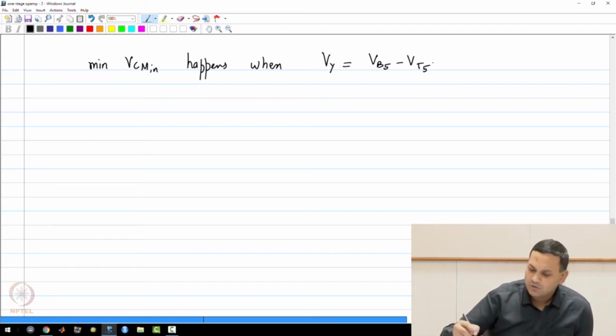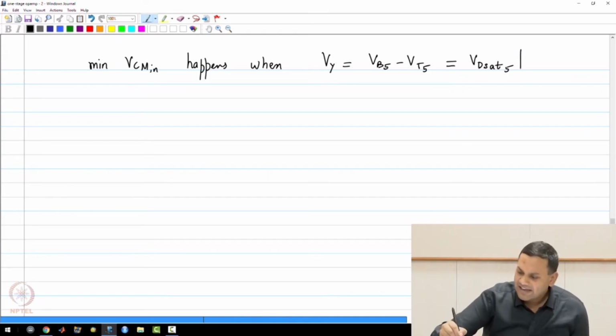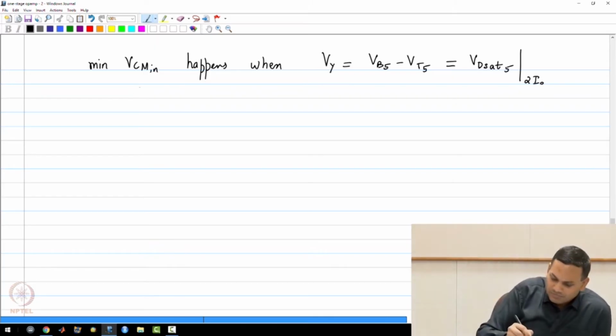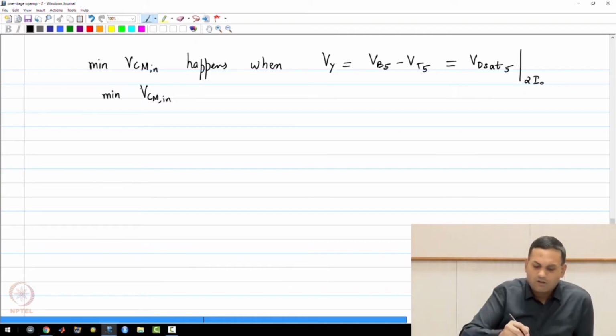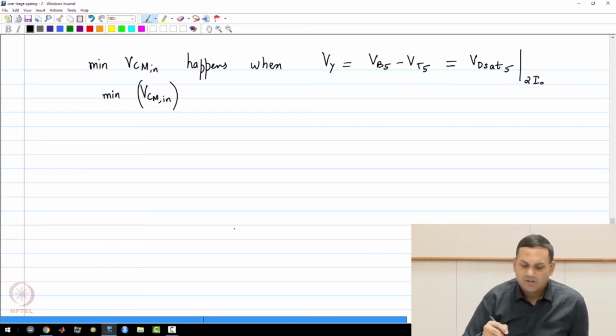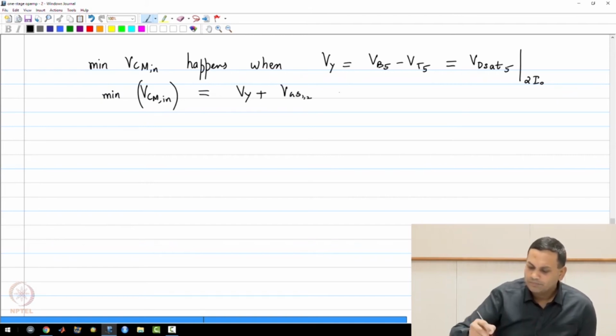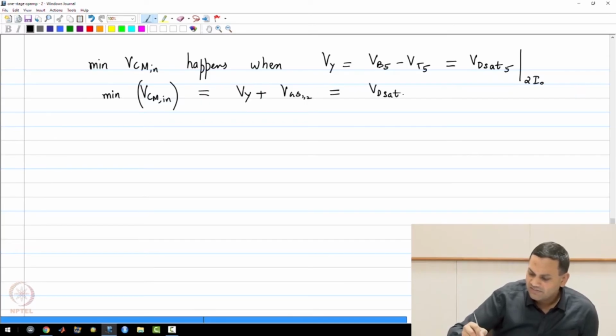And this voltage, because there is no signal component, also happens to be VD sat of M5, calculated, remember, at a current 2I0. At this point, the currents in the two transistors M1 and M2 are still I0 each, and therefore the minimum value of VCM in is equal to Vy plus VGS12, which is nothing but VD sat 5 plus VGS12.